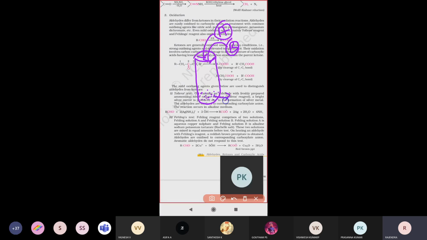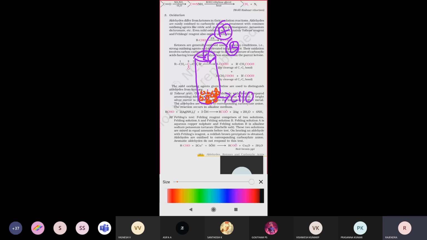This is the aldehyde group. After mixing the two solutions in a test tube, a reddish brown precipitate will be forming there, like this. A precipitate is nothing but an insoluble substance forming.